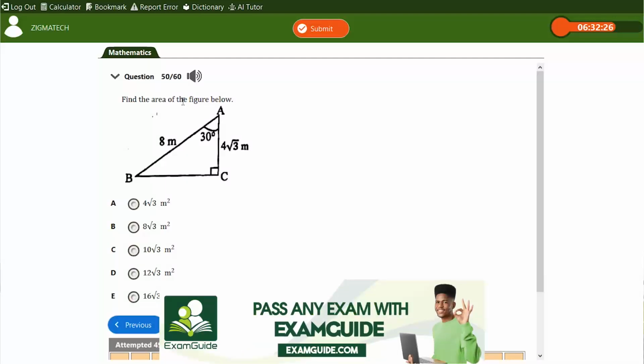Find the area of the figure below. Okay, so let's look at this. So we should find the area of the figure below.